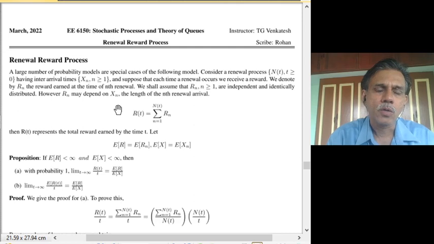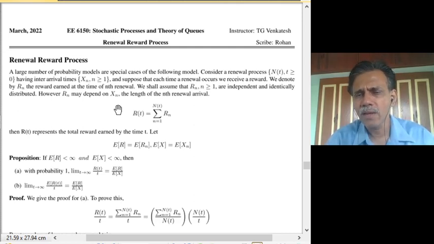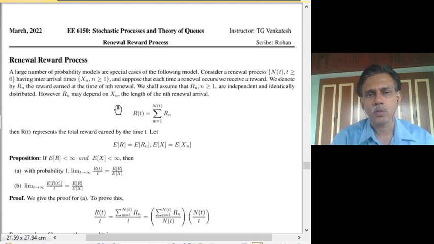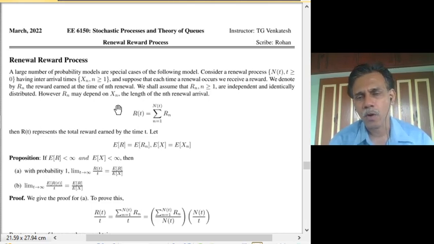This is how we model. For example, you may be using a machine in a production process. Every time the machine breaks down and is immediately repaired, let us say, and then put back into work, the duration between two repair instances is the renewal cycle, and the amount of production that happens, and thereby the monetary benefit that we get, is the reward at the end when the machine breaks down.